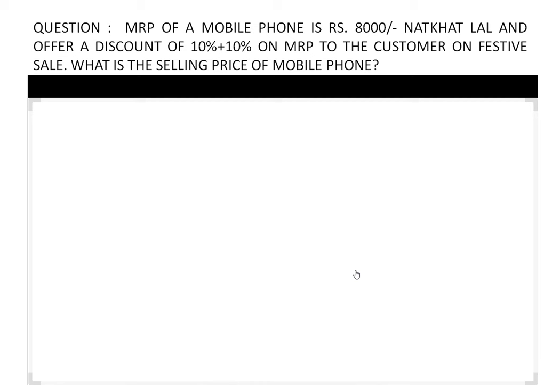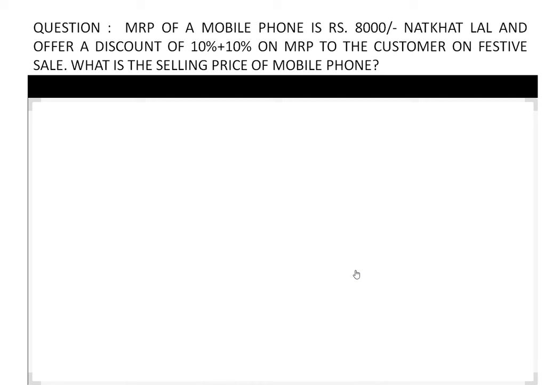So on that 90, there will be the second discount. On 90, a 10% discount will be 9. So what will be the final selling price? 81 rupees. So it is not a straight discount. 10 plus 10 means 20, but it's not a 20% discount. It is a discount on discount.